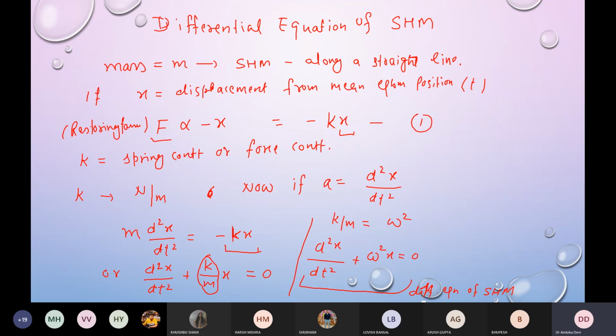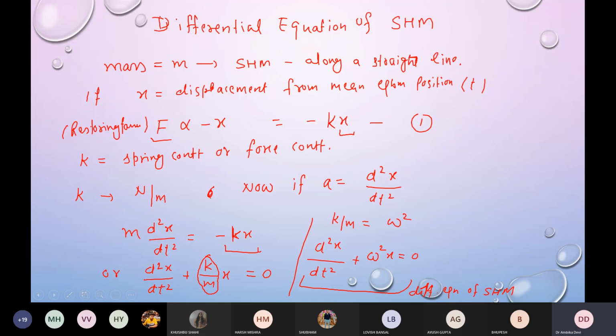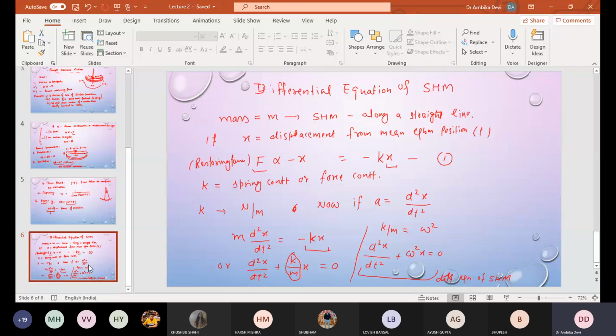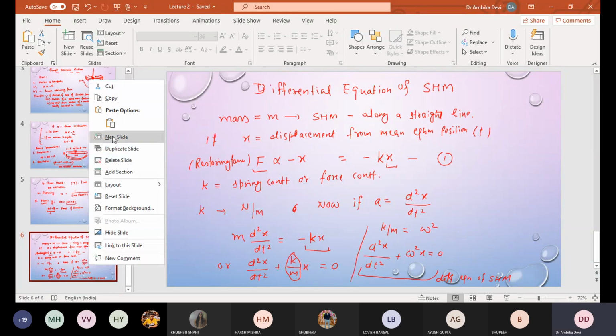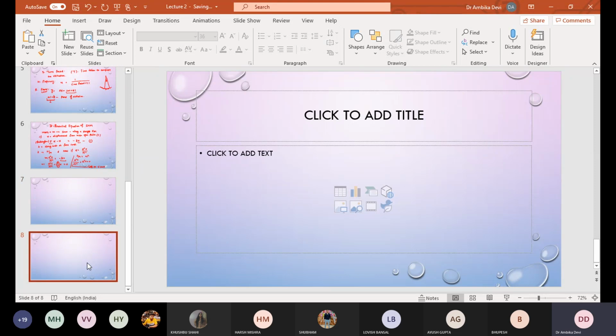And after deriving the solution of this differential equation of simple harmonic motion, we will go through the various parameters. We will find the expression for the amplitude, for the time period, for the frequency, for phase, for velocity, and then for acceleration, right? So let us start with the solution of this equation, and then we will go through the different parameters.